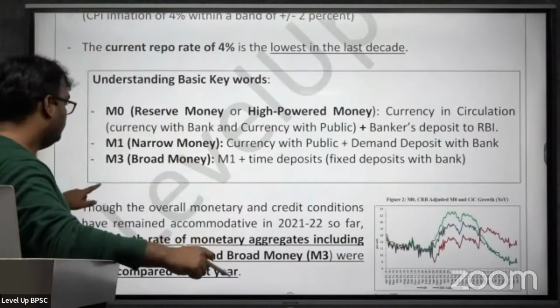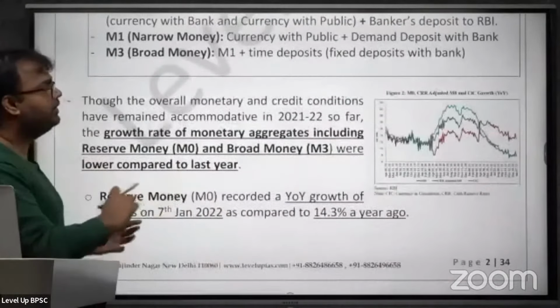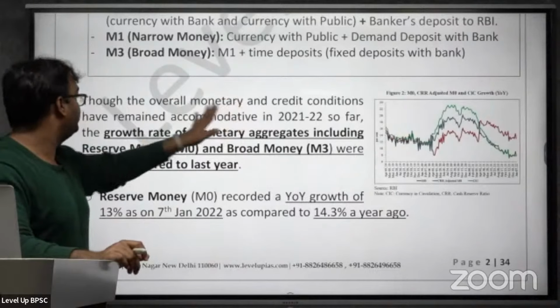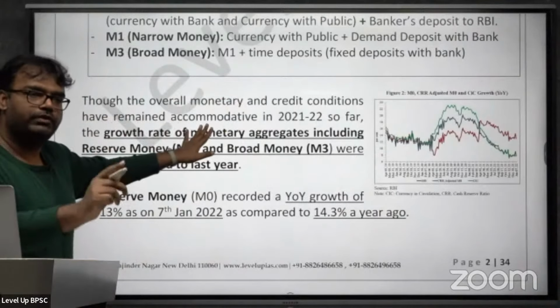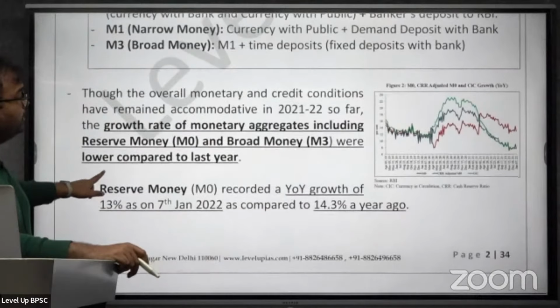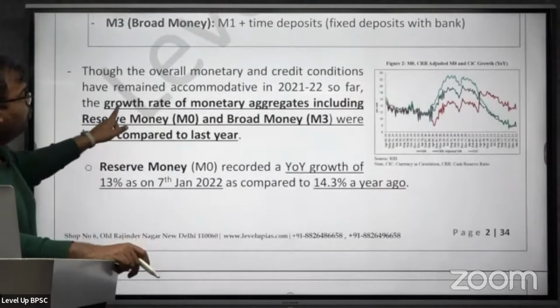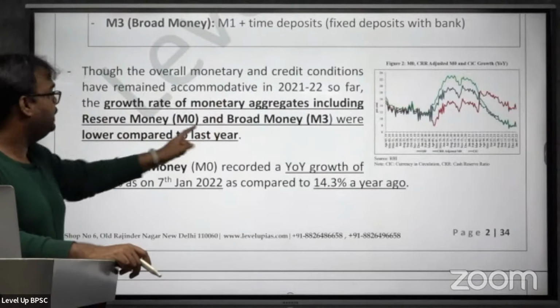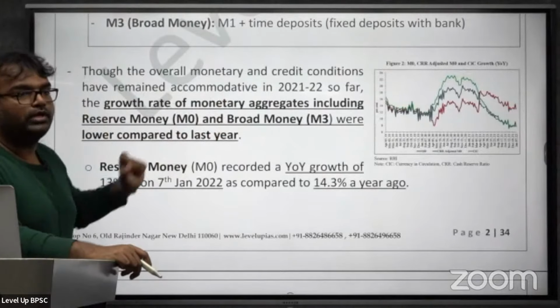Now, as per the Economic Survey of India, you would see the overall monetary and credit conditions have remained accommodative. Again, they want to ensure more money goes into the economy. But the growth rate of monetary aggregates, including M0 and M3, has been lower compared to last year.